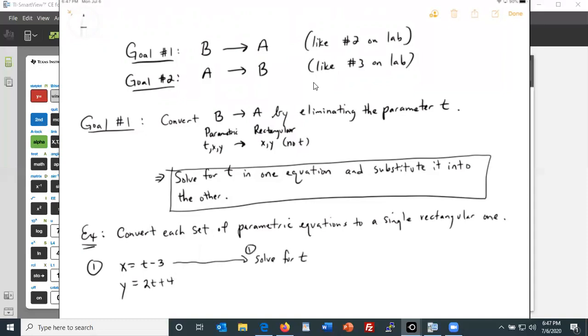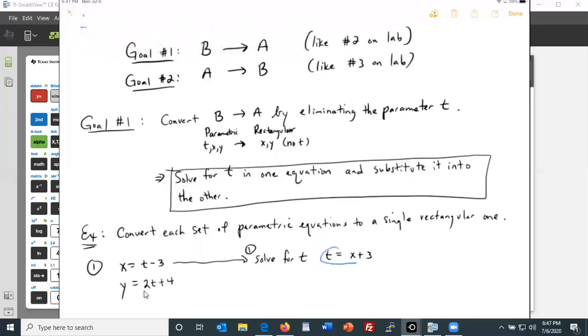So we'll call that step 1. So we would get t equals x plus 3, right? Because all you'd have to do is add 3 to the other side of this first equation, right? So t equals x plus 3, and then you take that and you substitute it into the other equation.